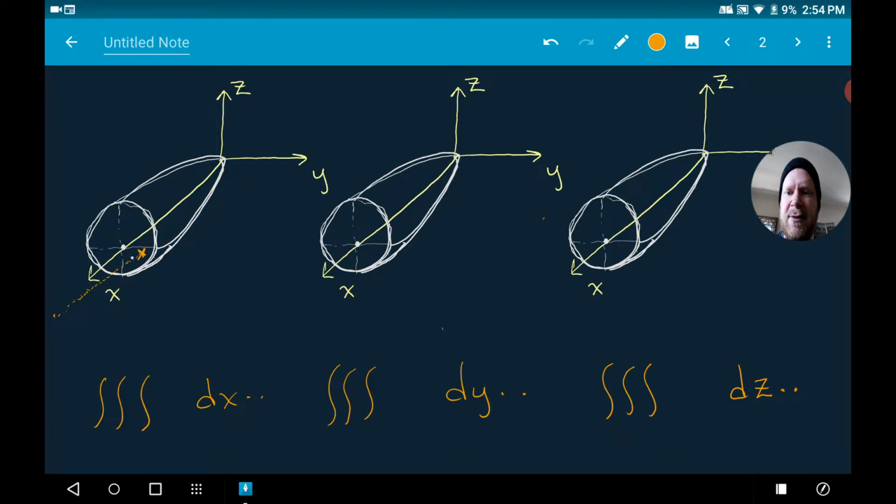The first thing that it hits is this plane, x equals 4, and then it's inside the solid, and then the next thing it hits is that paraboloid x equals y squared plus z squared. So if I want to figure out the bounds of x, my top surface, the more positive x, is going to be x equals 4. And then the bottom surface that it hits is going to be x equals y squared plus z squared.